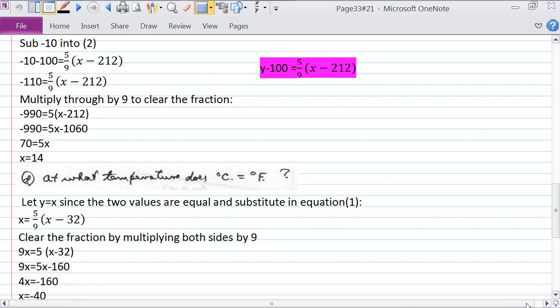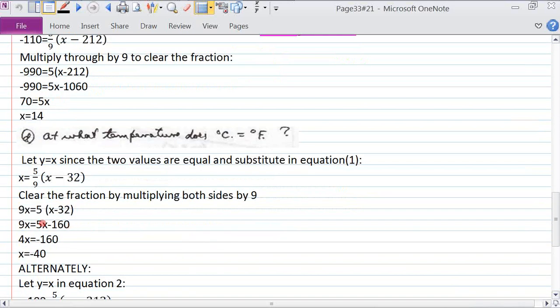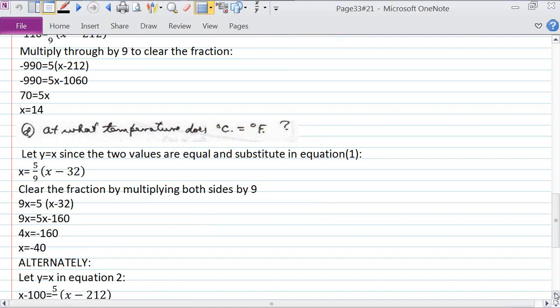Transpose the 5x from the left side to the right side. 9x minus 5x gives me 4x. Still got minus 160 on the right, and x equals minus 40. So minus 40 on the centigrade scale is the same number on the Fahrenheit scale.